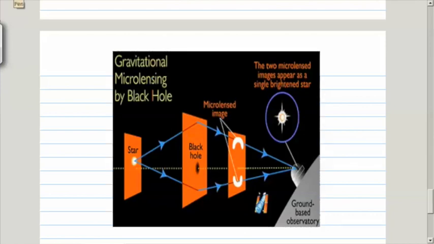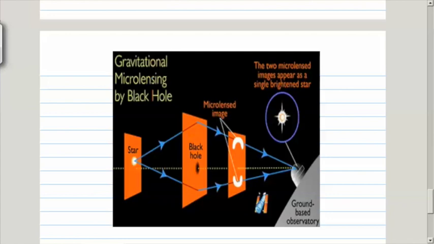So basically, if we are viewing a star from an observatory on Earth, and there is a MACHO, say a black hole, passing between the star and us, the mass contained in this object, say a black hole, will curve the space-time, will curve the space, and the light will travel along the paths of shortest distance in that curved space.